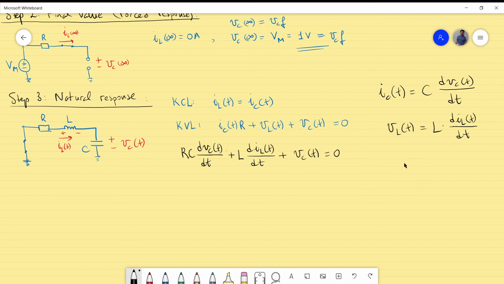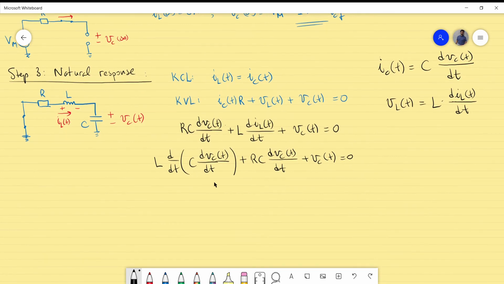So I get L and the derivative of that, then the IC we have here, and then R times C and the derivative of the capacitor voltage, and then plus the capacitor voltage, which is equal to 0.